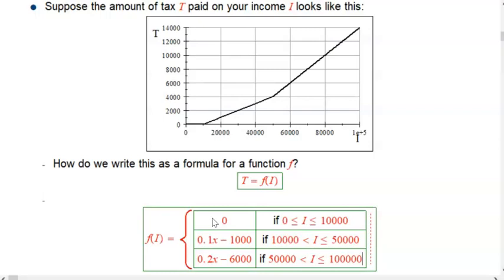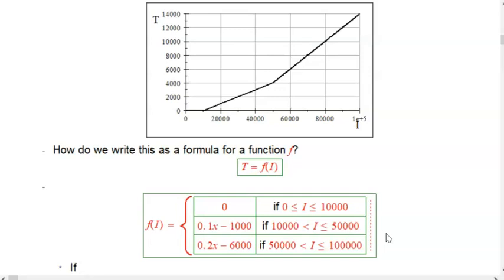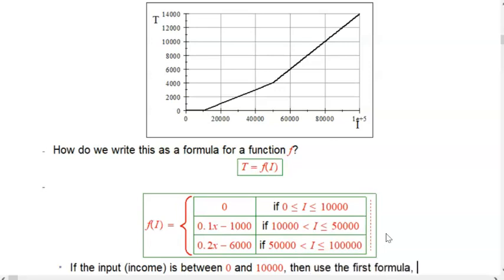And so the way you want to read this is, if you maybe say a few more words, you can say it's kind of a little paragraph or some bullet points, I guess. It says if the input, here the income, is between 0 and 10,000, then use the first formula. It just gives you 0.